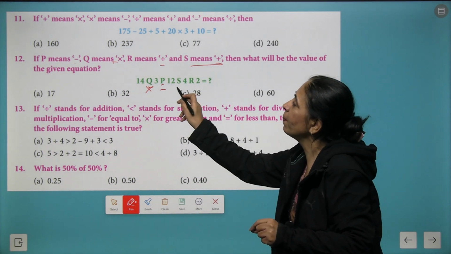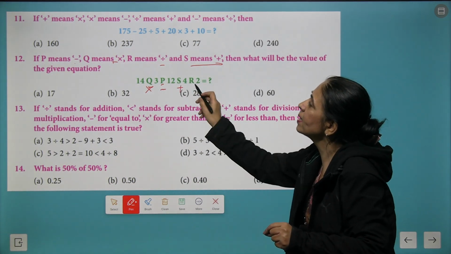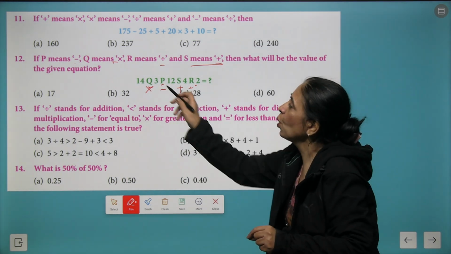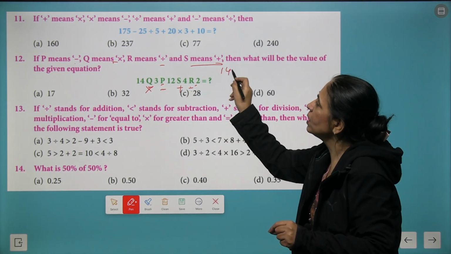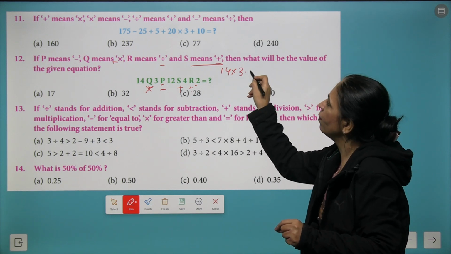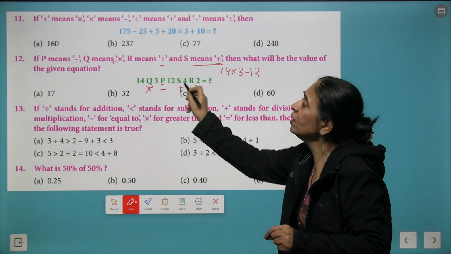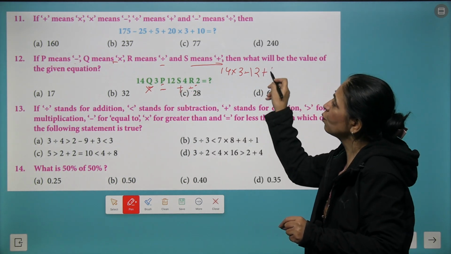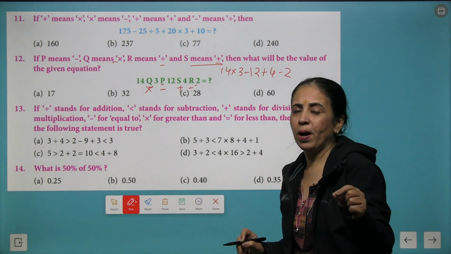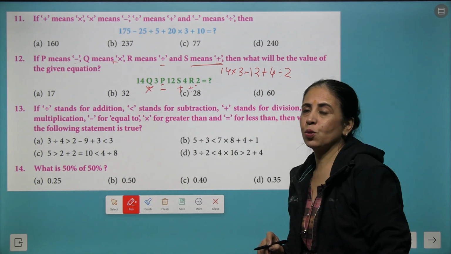Similarly, S is replaced by sign of plus and R is replaced by sign of division. So your question becomes 14 multiply 3 minus 12, then after this you have plus 4 divided by 2. Now follow the BODMAS rule and solve this question.